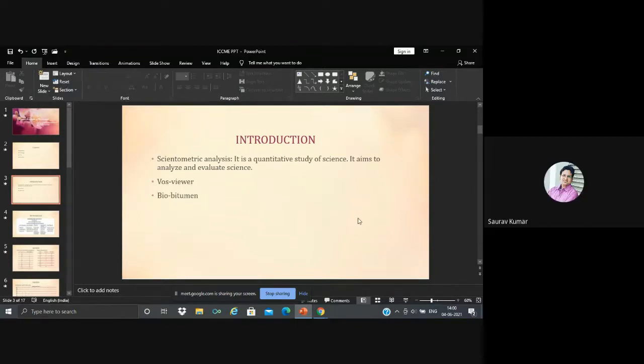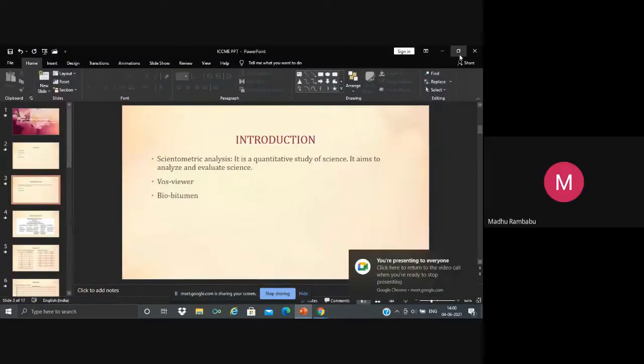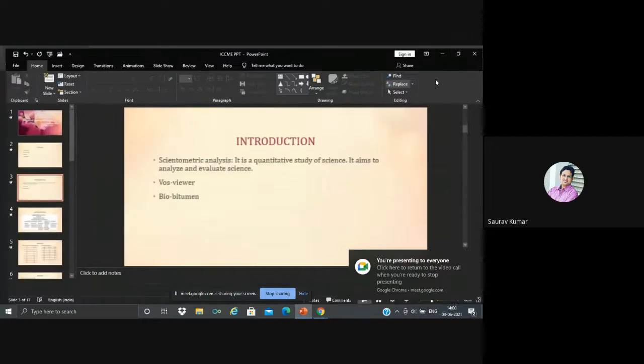Please make it full screen. The sign near the minus sign, you have to press it. After that, it will come into full screen mode. Not over here, in the presentation, at the bottom side of the PPT.